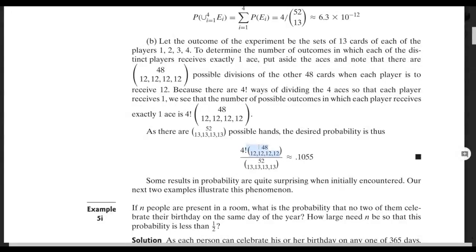Then multiply by how many ways to get the rest of the 12 cards, so out of 48, the multinomial. And divided by, out of 52, distribute 13 cards each. That's 0.1055, right? Almost 11%. So that's a big, considerable chance.